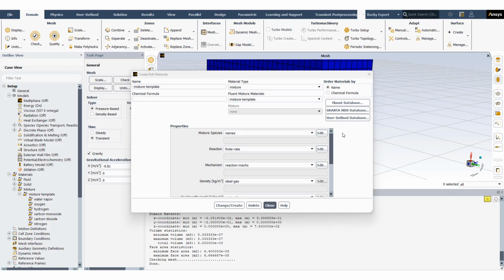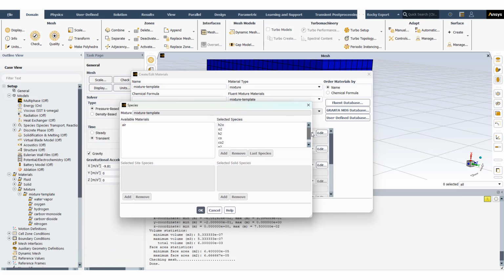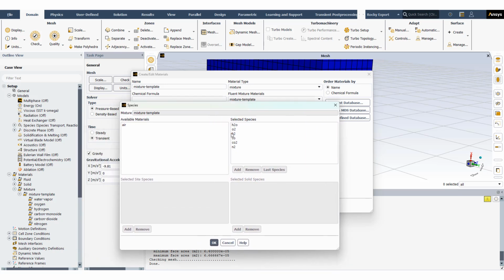For the materials, the mixture, we have a number of species added. We have H2O, O2, H2, CO, CO2, and N2, and the nitrogen is the last species, and it has to be set as the last species for the coupling to work properly.